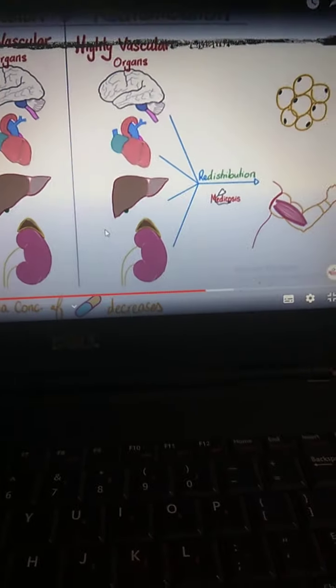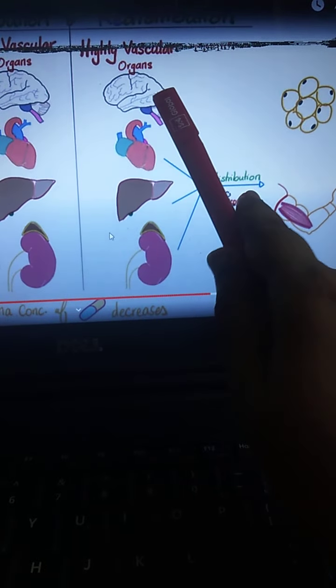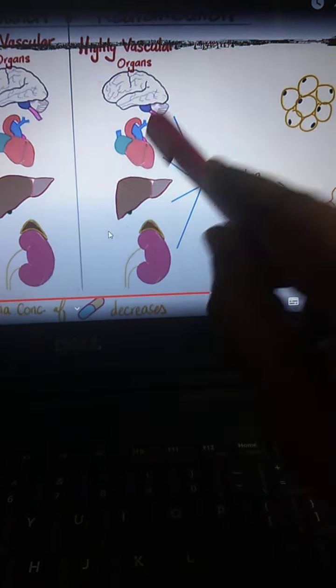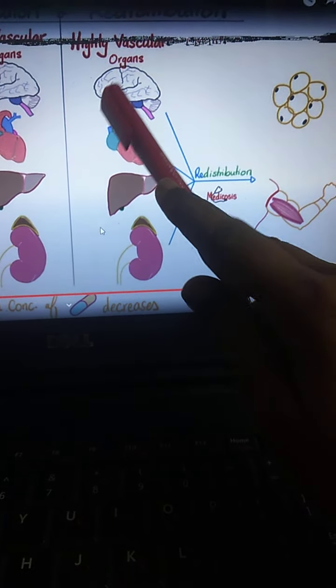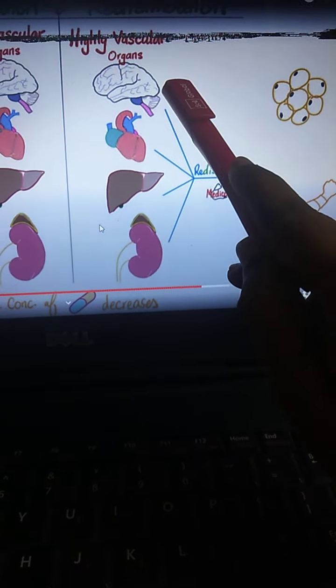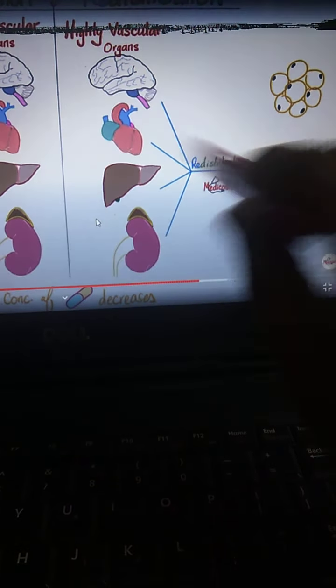Why do we want to achieve this saturation? Is that then there's a saturation when the concentration of this is also the same as this, then there's no longer transfer of drug from one organ to another. That is what you see as a steady state concentration. Now why do we talk about the steady state concentration?